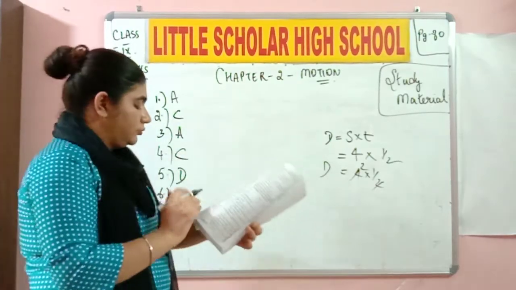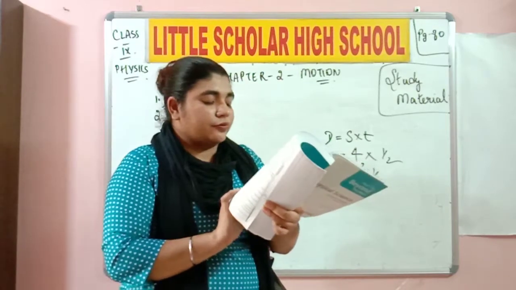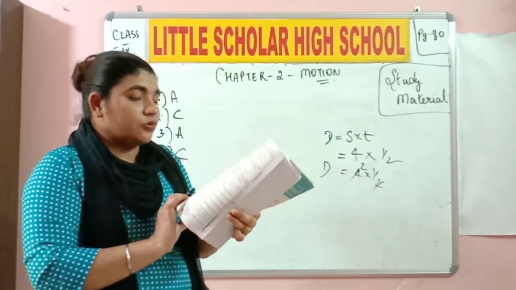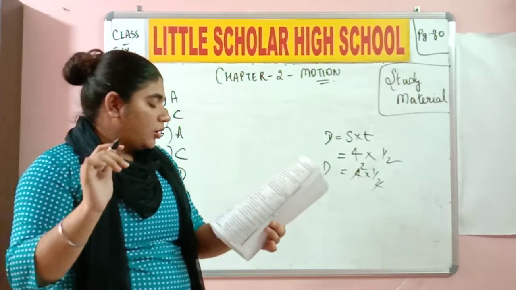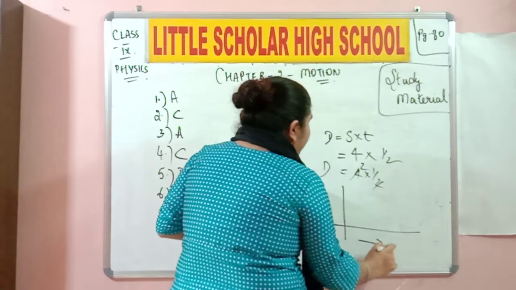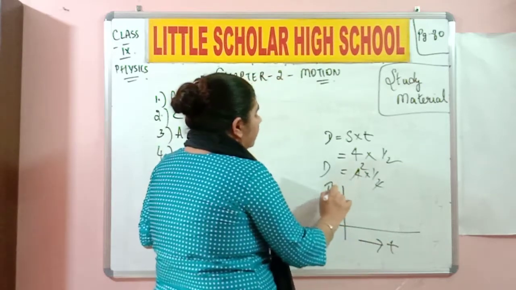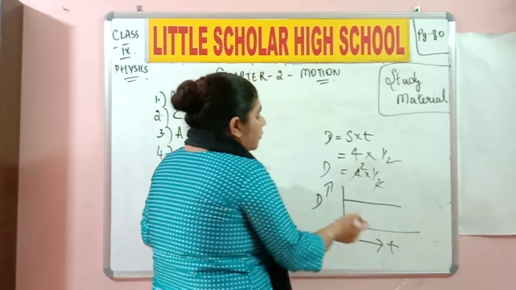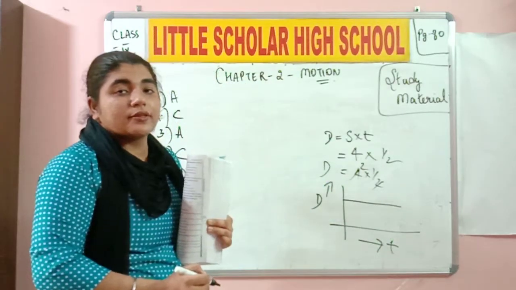Sixth one, distance time graph. Distance on the y-axis, time on the x-axis of a body is a straight line parallel to the time axis. So if this is the distance versus time graph, with time on the x-axis and distance on the y-axis, and the graph is like this, a straight line parallel to the x-axis, what does it mean?